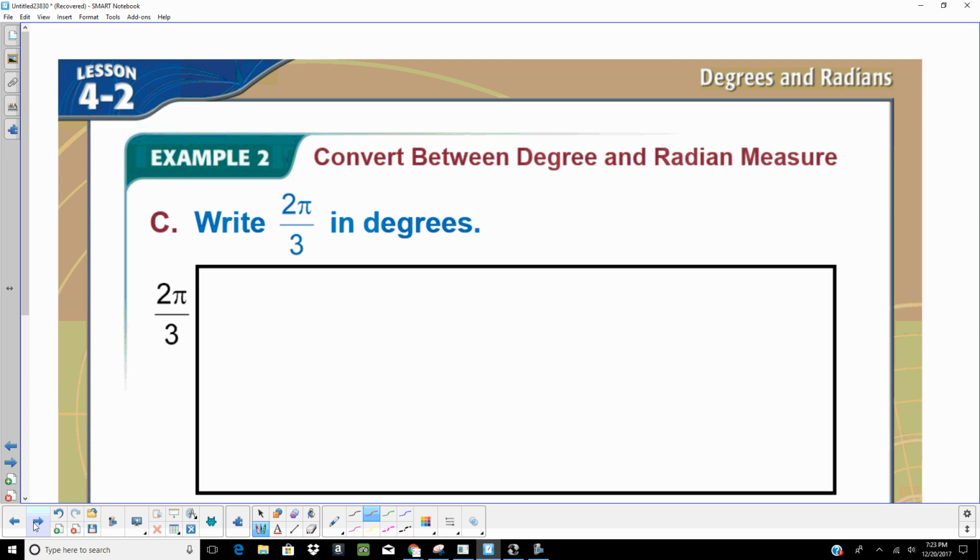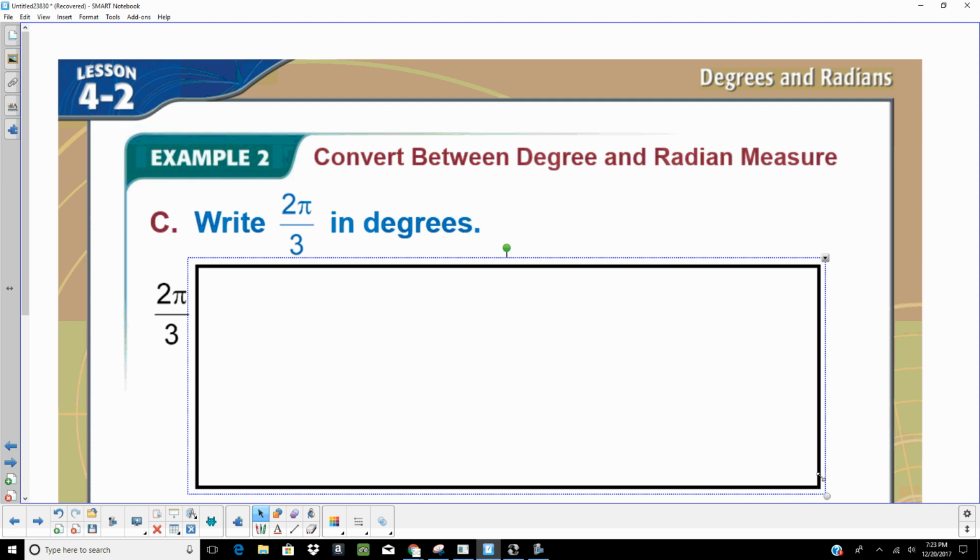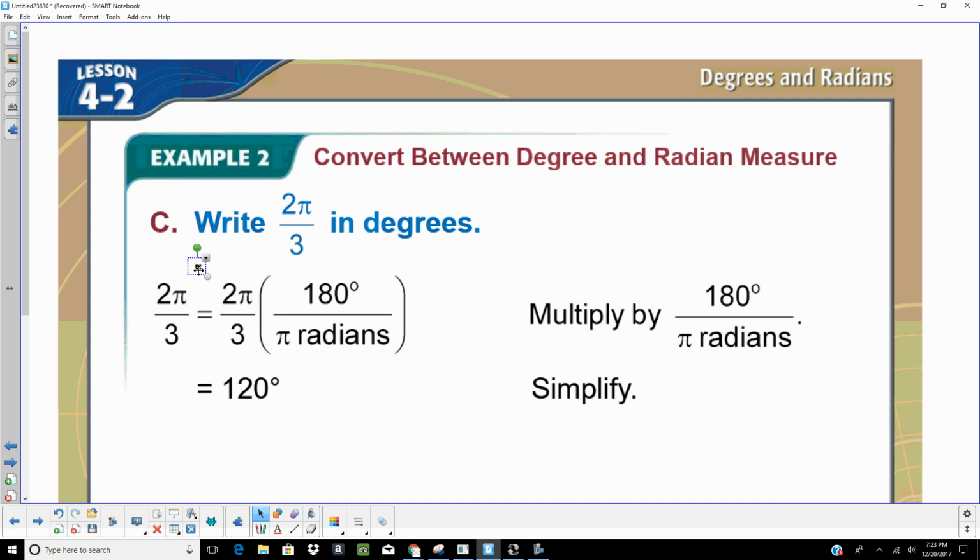All right, on this one, we're going to convert between degrees and radians. They're giving us 2 pi over 3, a measurement in radians, and we need to convert it into degrees. So all I'm going to do is multiply it by 180 over pi.